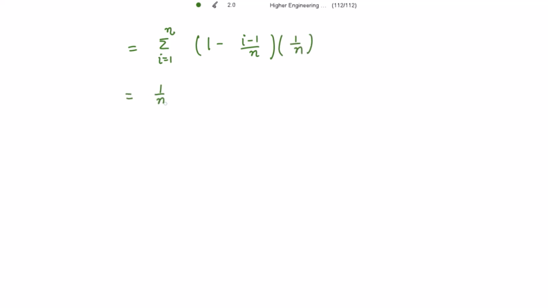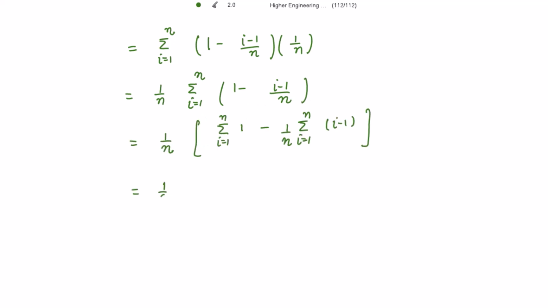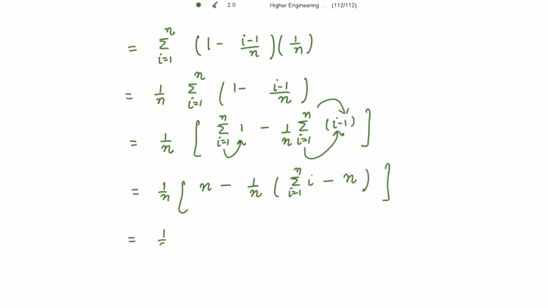Taking this 1 by n outside of the summation, and this is 1 minus (i minus 1) divided by n. Taking the summation inside, this is 1 by n. The summation of 1 is n, minus 1 by n. Again taking the summation inside, this is 1 by n into n minus 1 by n into 1 plus 2 plus 3 up to n, minus n.